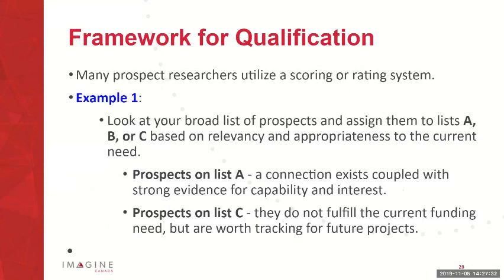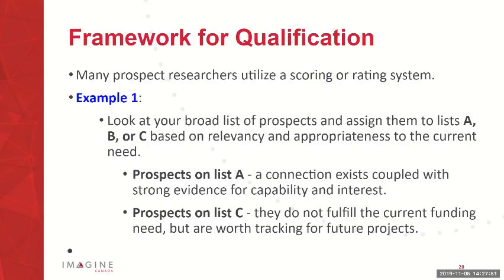In this example one here, which is the framework that I personally used as a grant writer and as a fundraiser before my time here at Imagine Canada, was the ABC list framework. You can look at your broad list of prospects and assign each of them to list A, B, or C based on relevancy and their appropriateness to the current need.